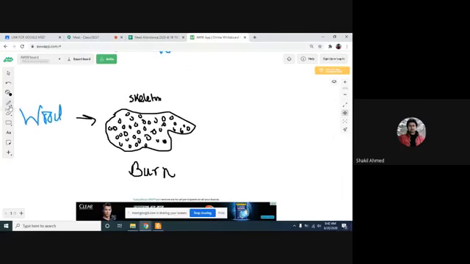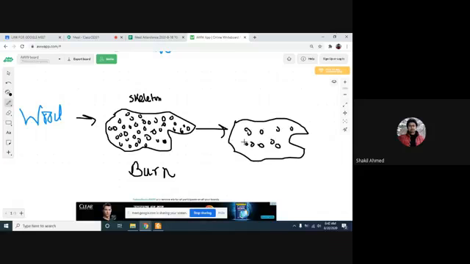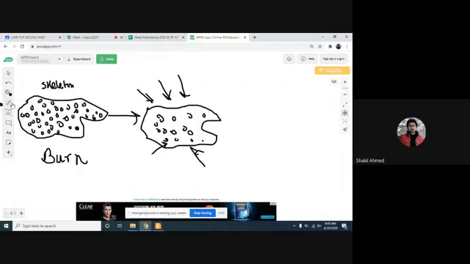Now if you then pass this burned wood through certain environmental condition with passing gas there, then this material becomes activated.